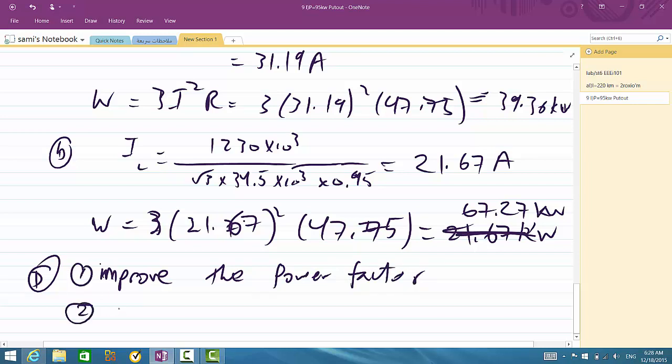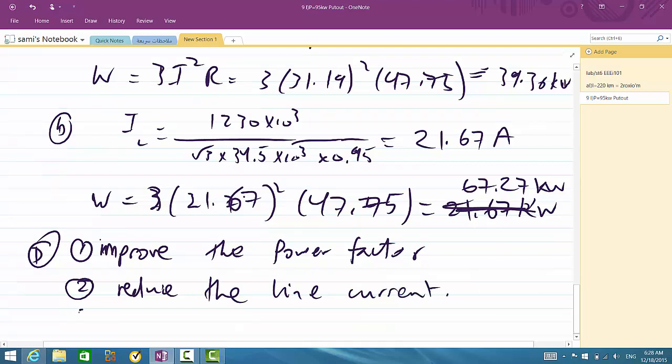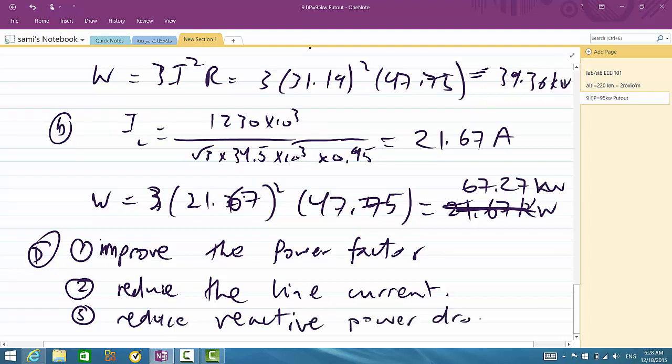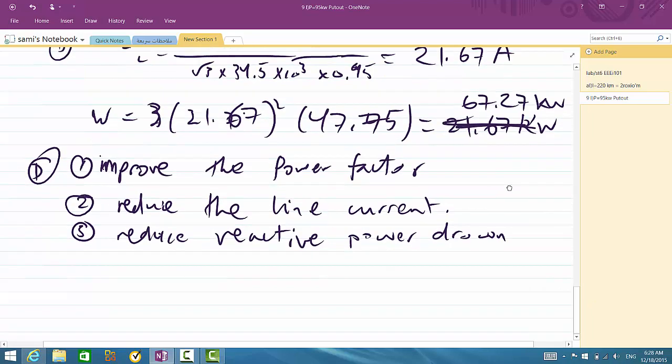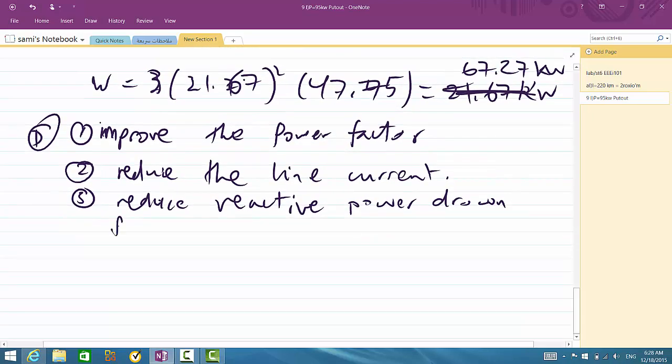Number 2, reduce the line current. Number 3, also reduce the reactive power drawn from the primary feeder or from the source.